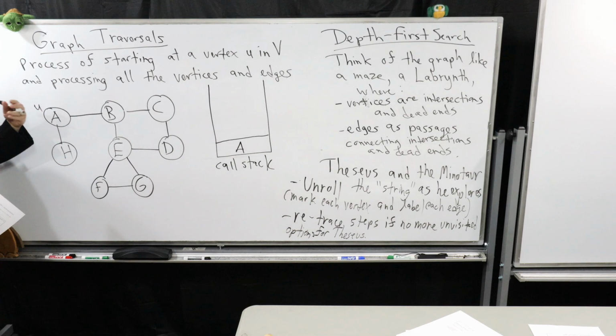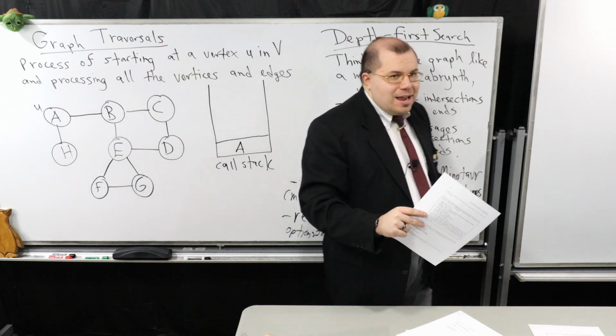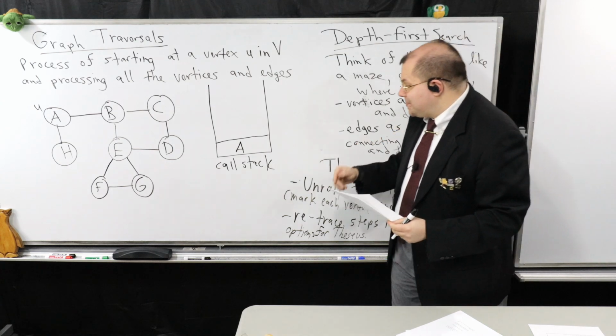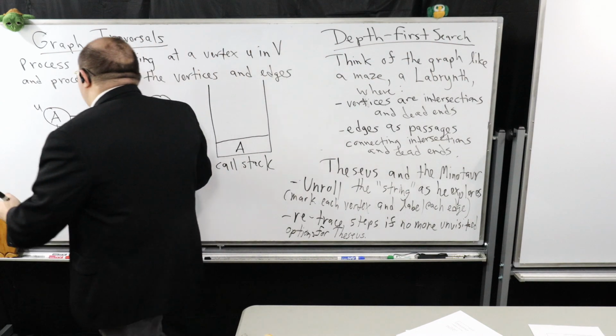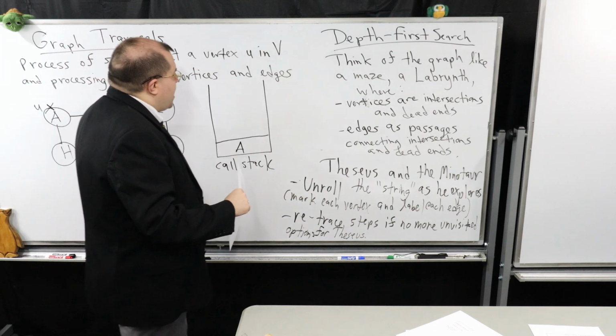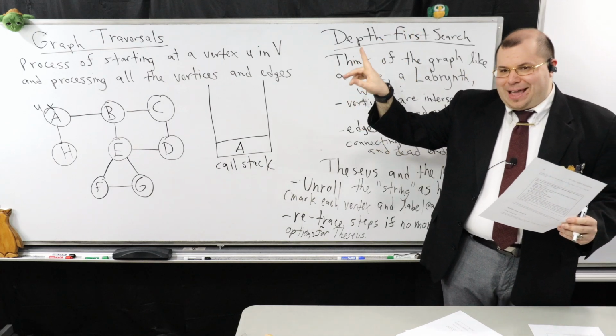You're going to see I'm going to do a recursive call starting at U, in this case, that's A. And here's what I recommend we do: every time we start at a vertex, we mark it. And then we go through all of the incident edges that it has.